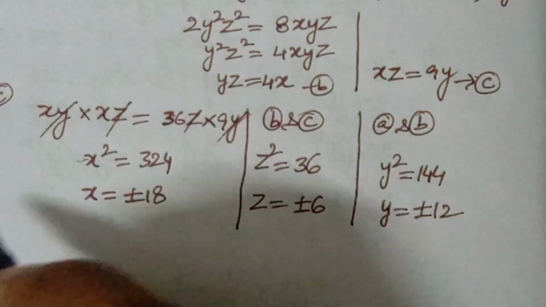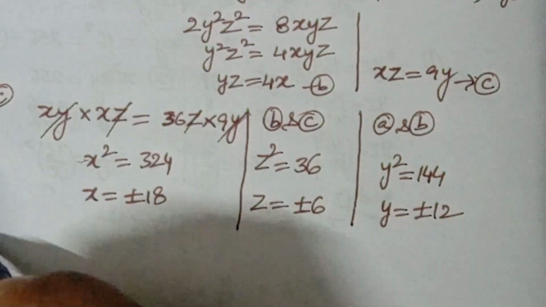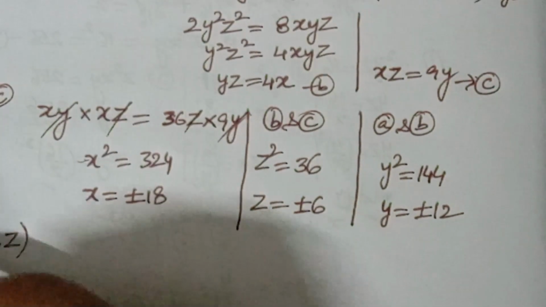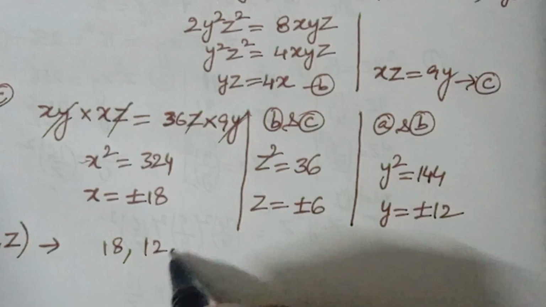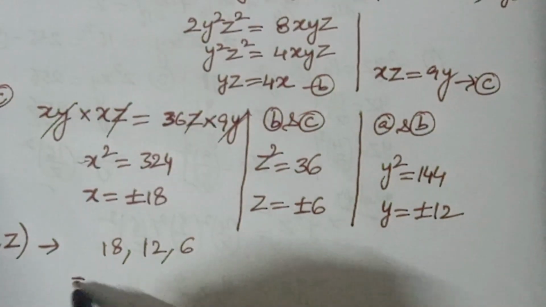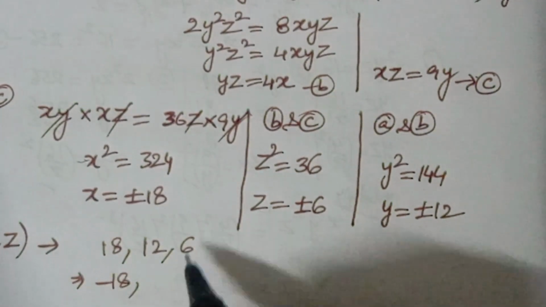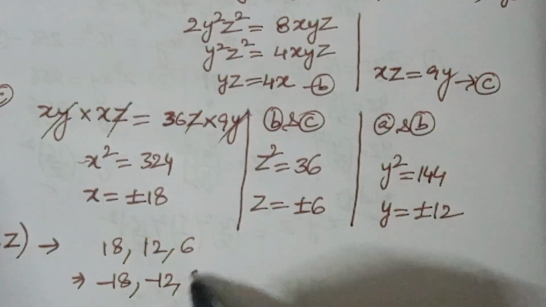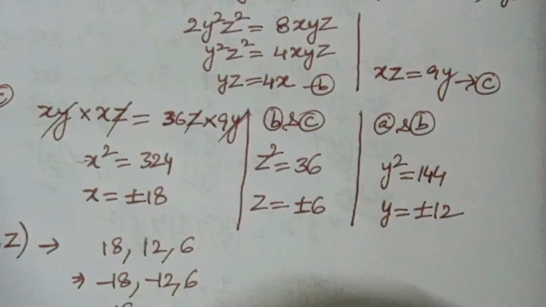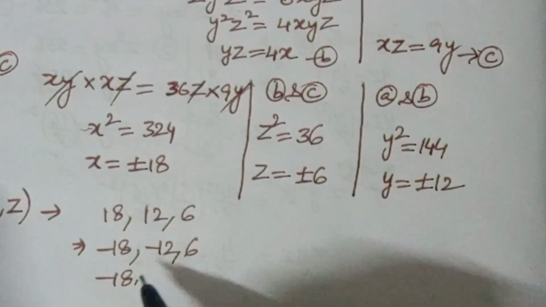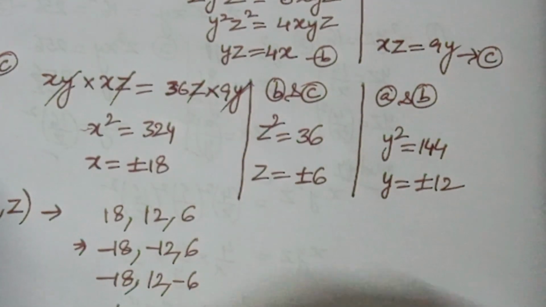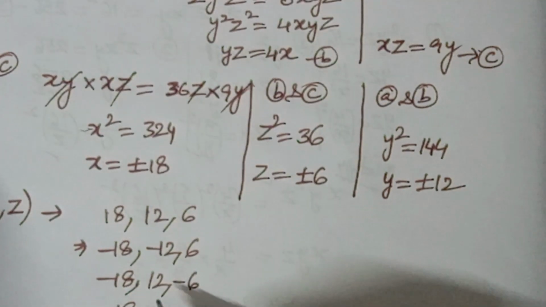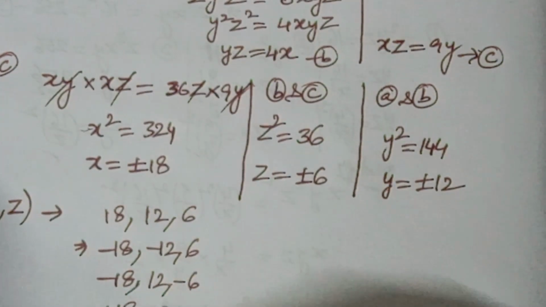So the possible values of x, y, z are 18, 12, 6; minus 18, minus 12, 6; minus 18, 12, minus 6; 18, minus 12, minus 6.